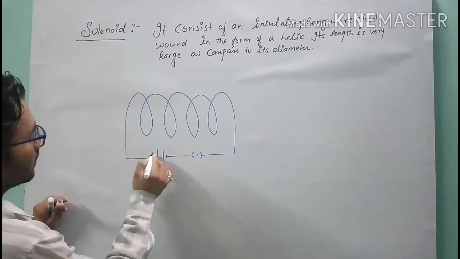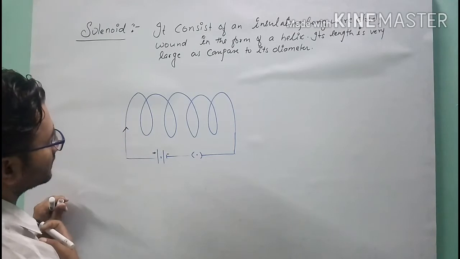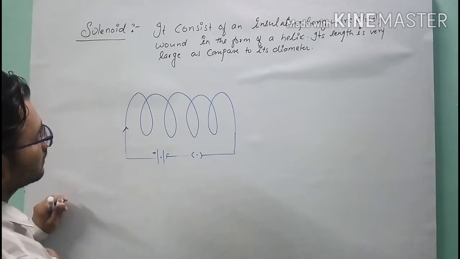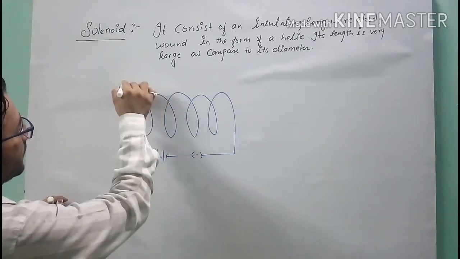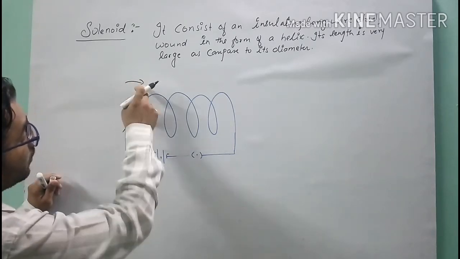Suppose this is the direction of current due to this battery, and the current is moving in this solenoid in the clockwise direction.